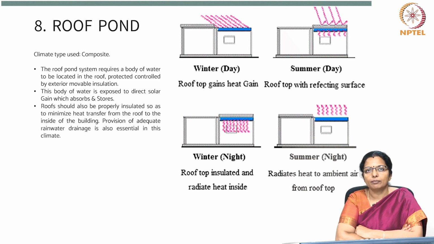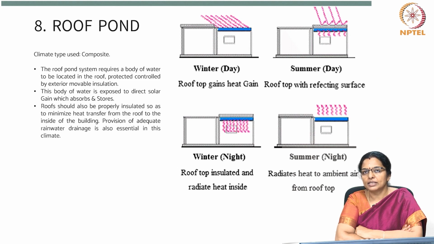In this strategy, you need to have the entire roof covered with a water body, and how it operates is, on a summer day, the roof water is completely closed and at night the water is exposed.